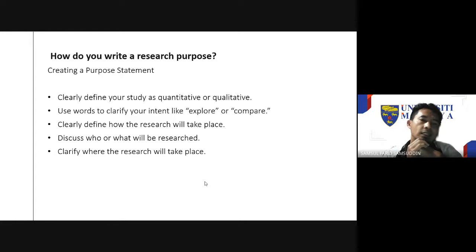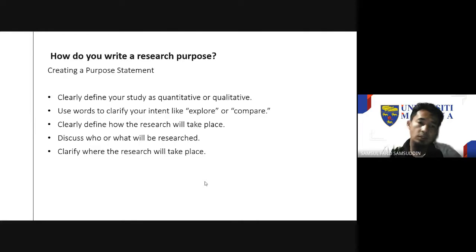Okay, and then clearly define how the research will take place. How the research will take place means, will it involve a huge population, or only certain or specific people in your research?